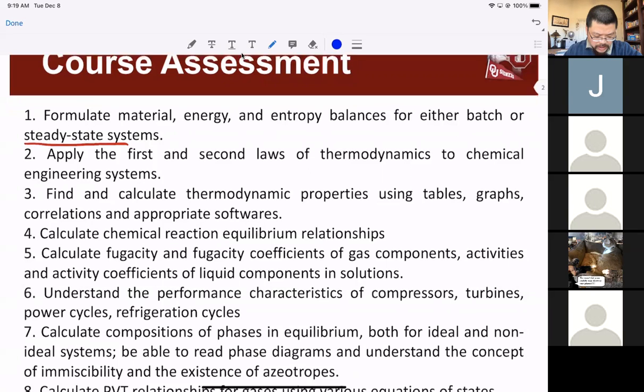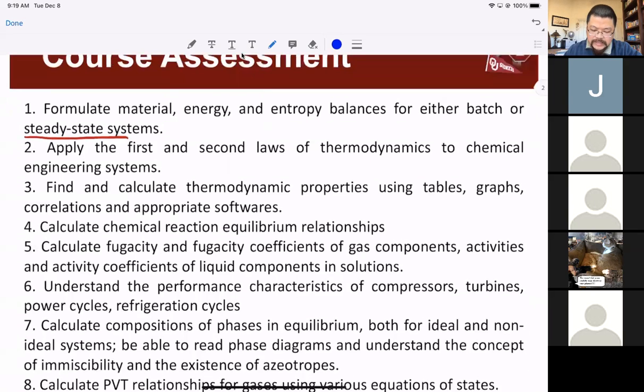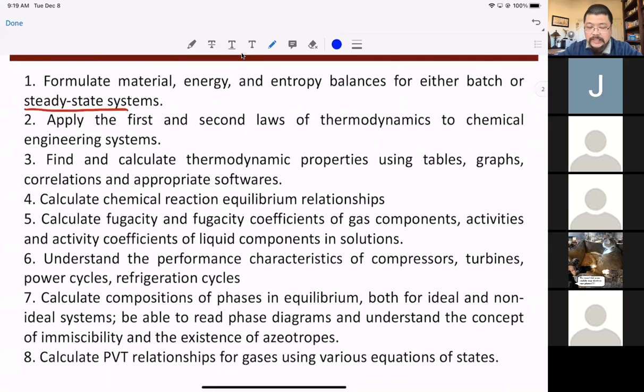So this is the list of 8 course assessment. As you can see that the best way to have the course assessment would be, number one is having the homework problems, right? Number two is try to have a problem in the exam so that we can better collect the statistics.